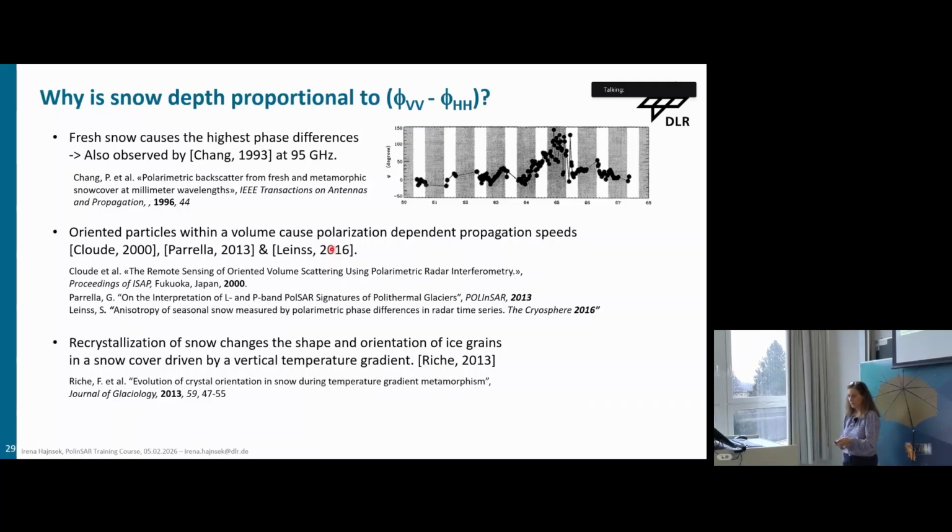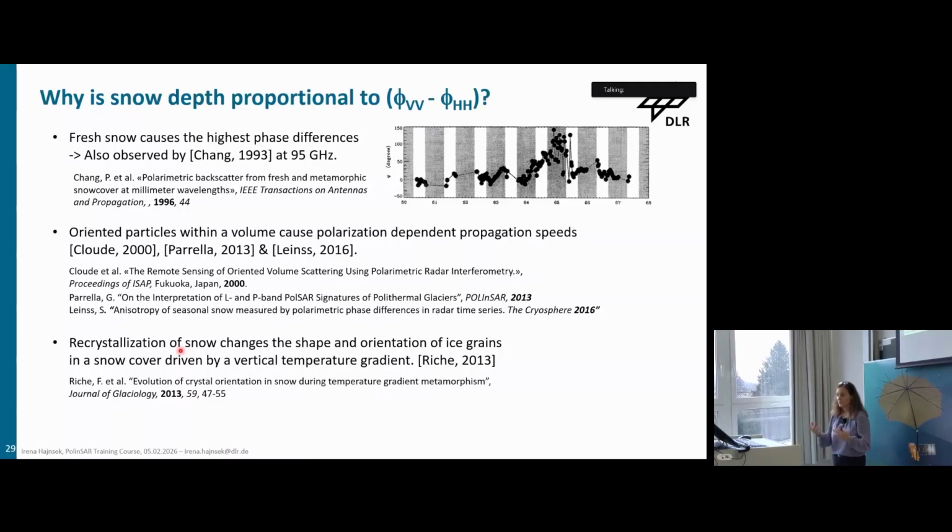And for sure, what has also been observed in 2013 here from Riche is what is happening, that you have a recrystallization, the metamorphism, so the change of the grain structure in the snowpack, and this has a very strong impact also on the phase change, which is actually associated with a temperature change also.